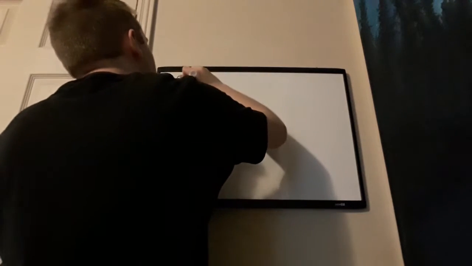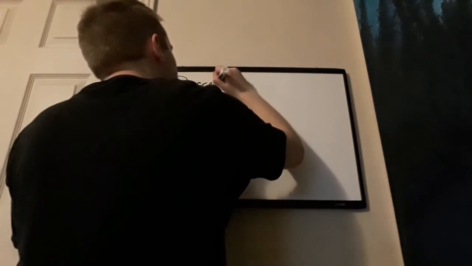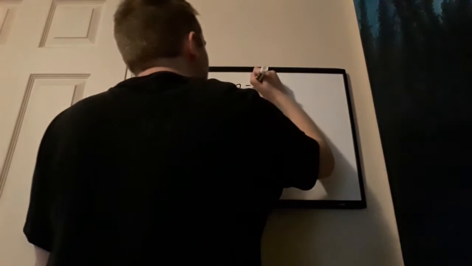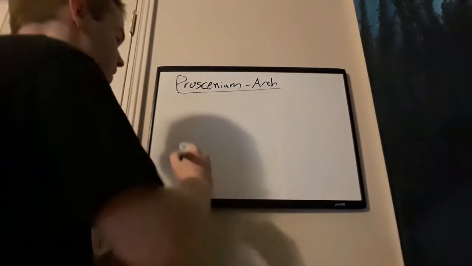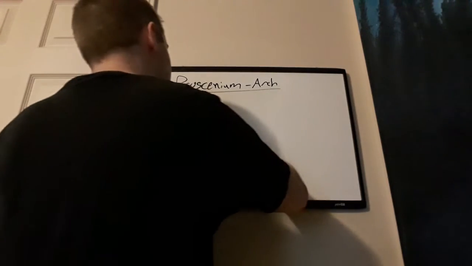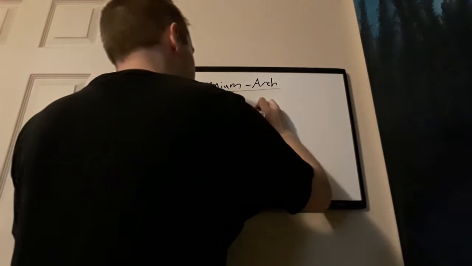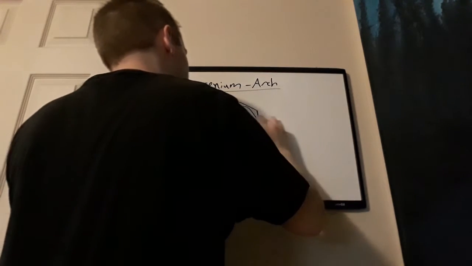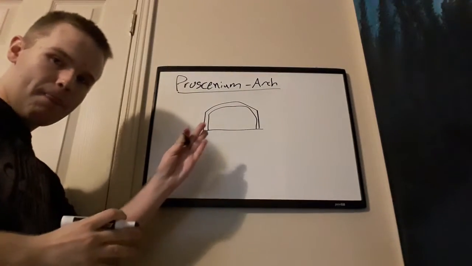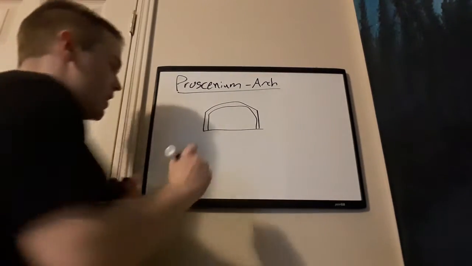So the first stage we're going to be talking about today is the proscenium arch. The proscenium arch is considered to be the most traditional stage. Usually you've got this big old arch right here, and this is basically our stage.